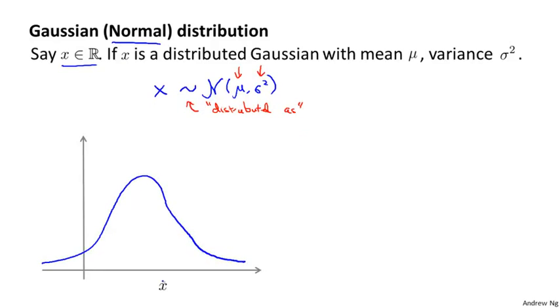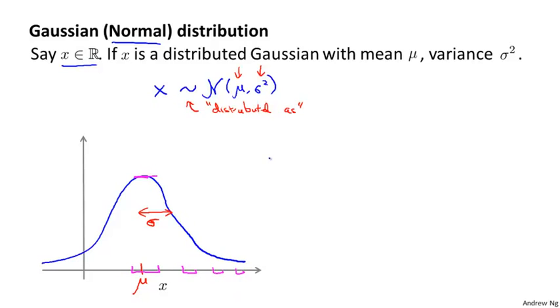So this bell-shaped curve is parameterized by those two parameters, mu and sigma, and the location, or the center of this bell-shaped curve is the mean mu, and the width of this bell-shaped curve, so roughly that, is this parameter sigma, also called one standard deviation. And so this specifies the probability of x taking on different values. So x taking on values in the middle here is pretty high, since the Gaussian density here is pretty high, whereas x taking on values further and further away will be diminishing in probability.